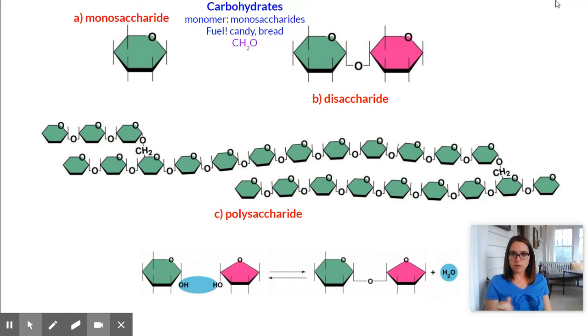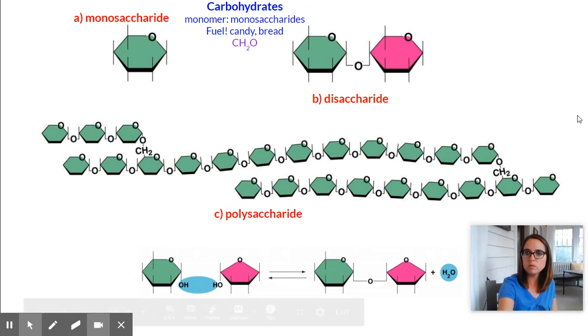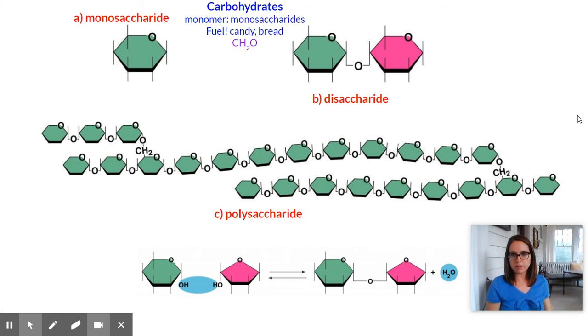So on here we have 3 pictures. This picture down here is showing dehydration synthesis. We're going to label that at the end, but we're mostly focusing on these top 3 pictures right now. So we have monosaccharides, disaccharides, and polysaccharides. Saccharide means sugar.